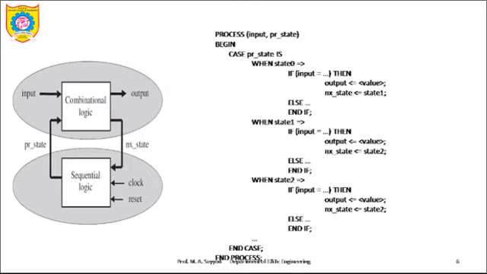The upper section is combinational logic. With the help of the input and present state, it is calculating the output. Simultaneously, it is finding out what the next state will be.